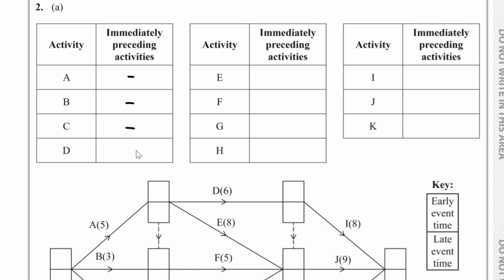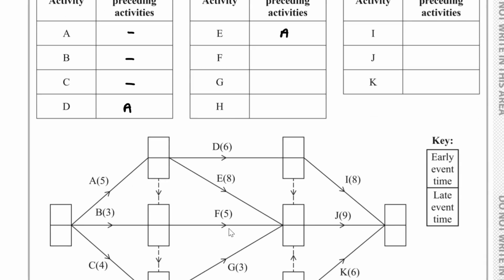Let's take a look at activity D. You can see here, activity D depends on A completing. So here we write down A. And if we take a look at activity E, that depends on A finishing. So we write down A over here.